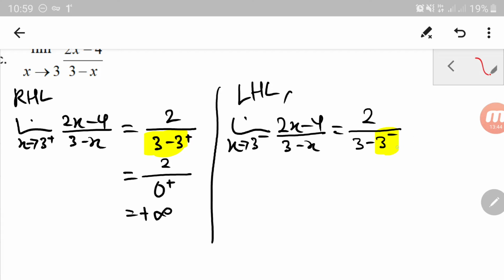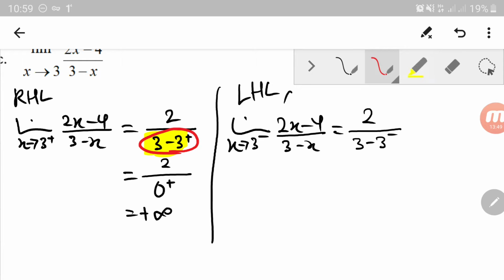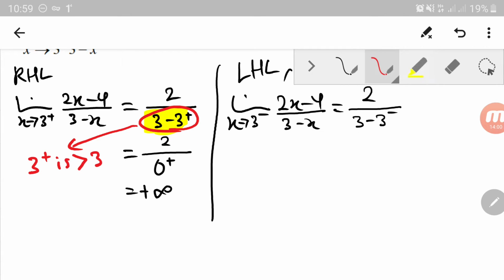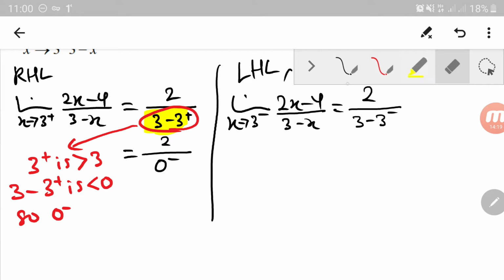Sorry. The mistake was that 3 from the right is more than 3. So 3 minus something more than 3 is less than 0. So it's a negative number. So it's 0 from the left. So I change it to 0 from the left. Therefore, it's negative infinity.